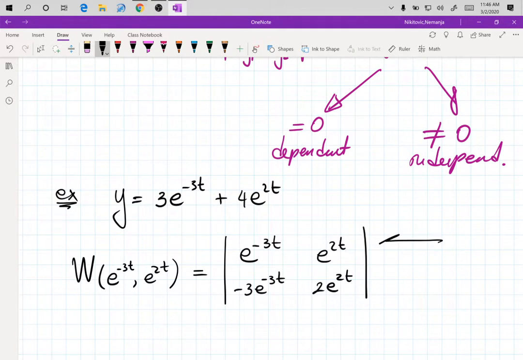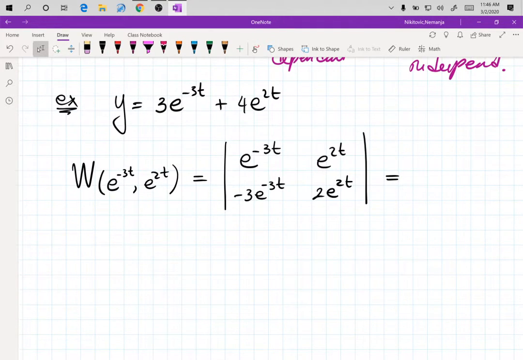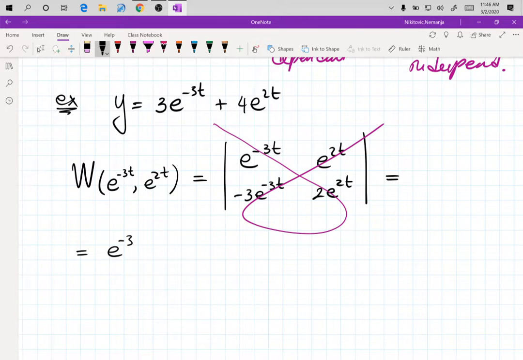So you will always have your first row, because that's given to you in a solution, and then you have to compute the second row, because those are the derivatives. Now, we are going to follow the pattern. So we're going to say e to the negative 3t times 2e to the 2t minus negative 3e to the negative 3t times e to the 2t.